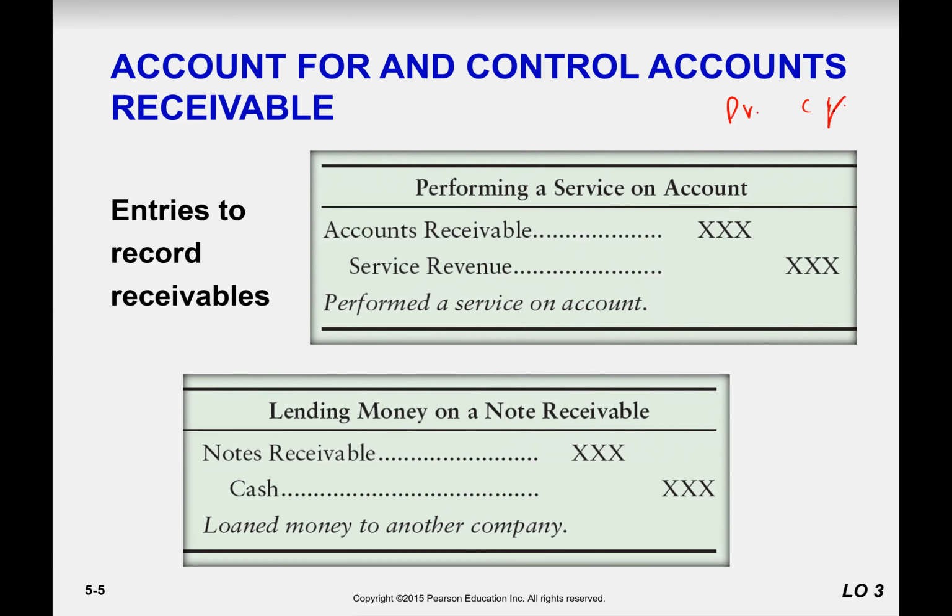A sale on credit, what is the entry? On credit, we need to open account receivable for customers. So customers are our assets, asset increase, debit. And sales belong to our retained earning, increase, credit.